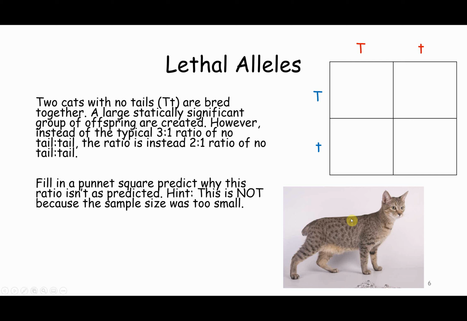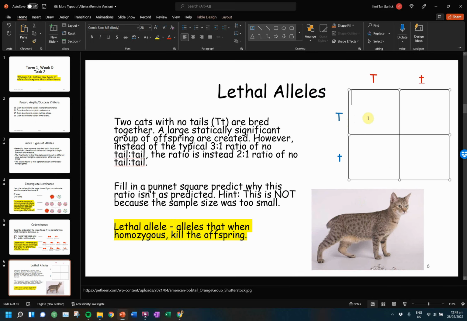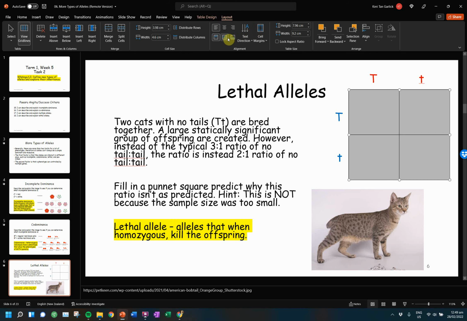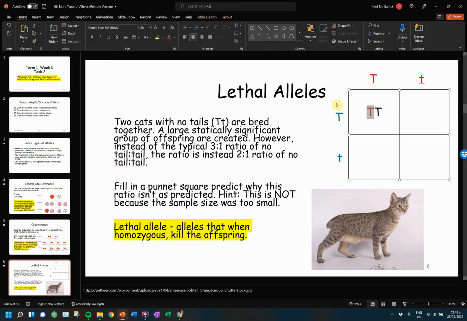This trait is actually heterozygous, so it's T, little t. And if we breed these two together, you would think with the traits and how they come out, let me just center that. So I should have T and t, one of them red, one of them blue, just to help.